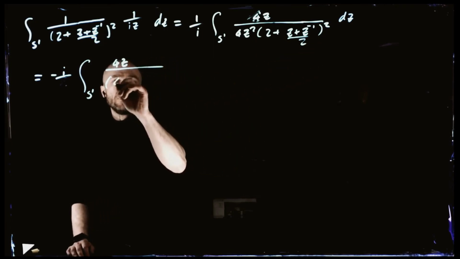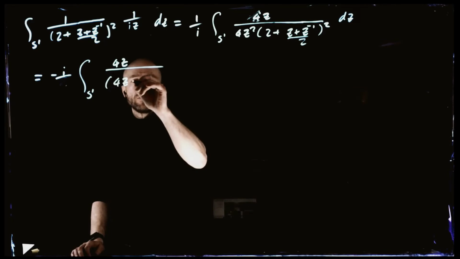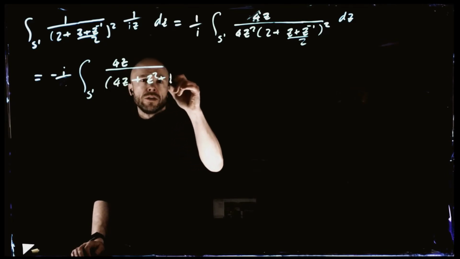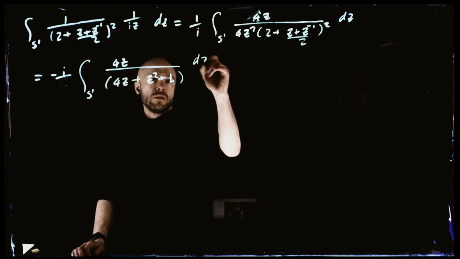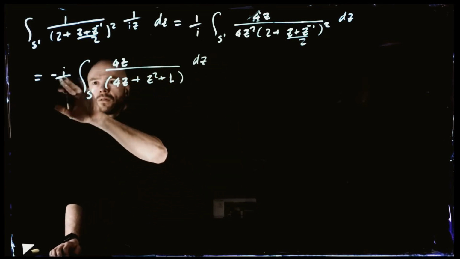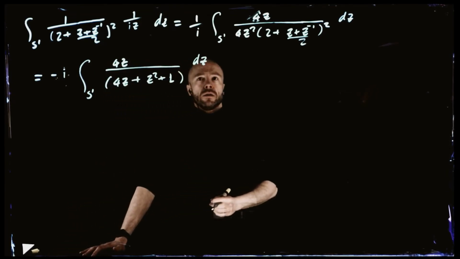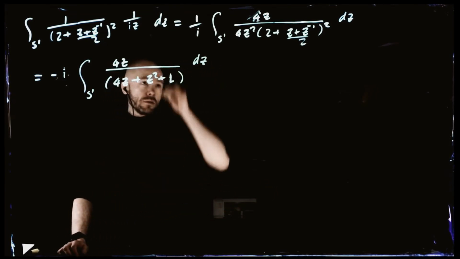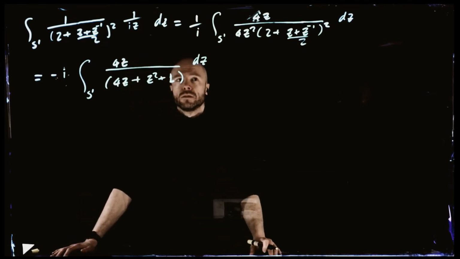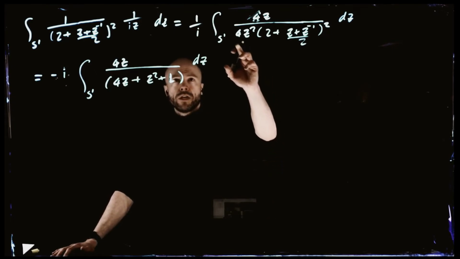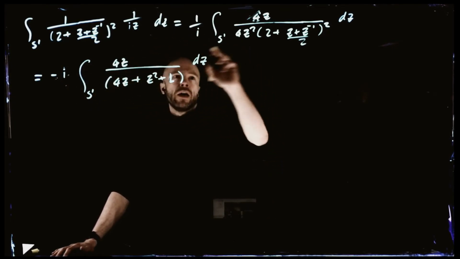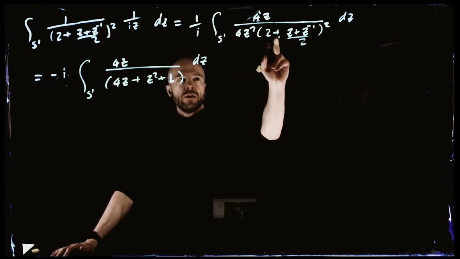So then I'm going to have 4z, and then I'm going to have (z squared plus 4z plus 1) squared, dz. And let's put the stuff correctly back. So that's minus i. Yeah, that's correct. So what have I done? I've just written the 1 over i as minus i, and I've multiplied the 4 through this thing right here. And that's all I've done at this point.